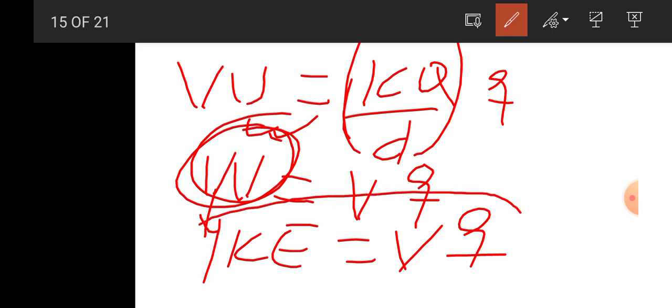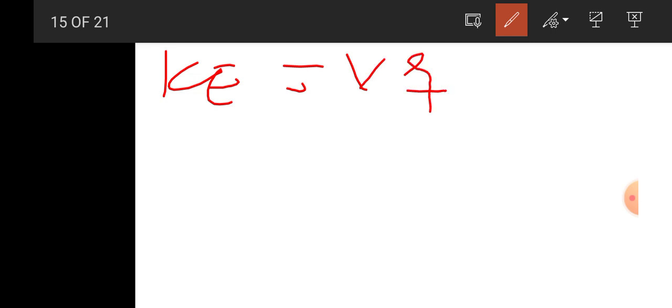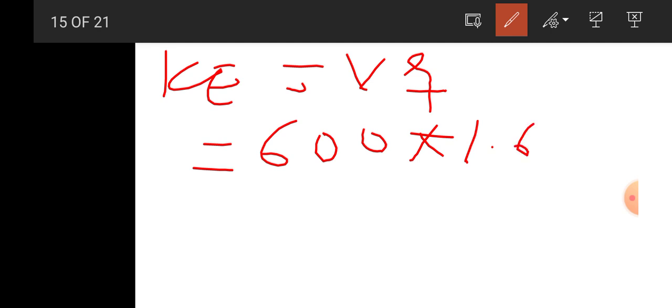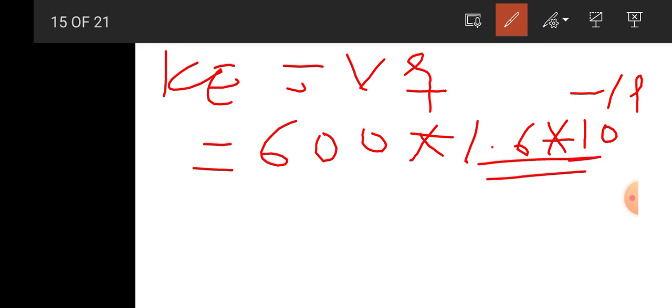So this is the formula we use to calculate kinetic energy. Therefore, kinetic energy is equal to potential difference times charge. So this is equal to potential difference, here we have 600, times charge carried by 1 electron, 1.6 times 10 to the power of minus 19. This is the very small charge which is carried by a single electron.